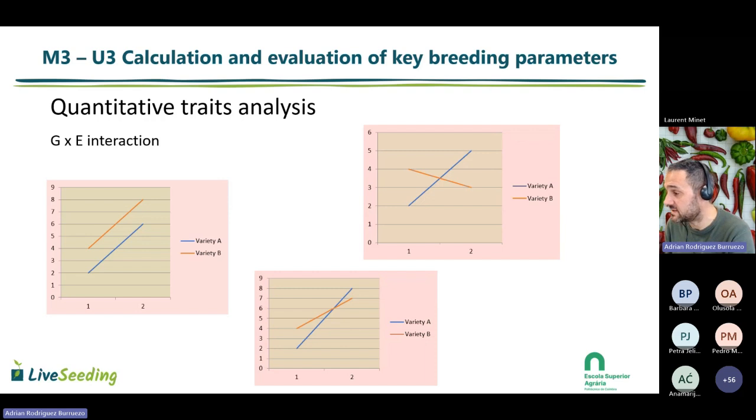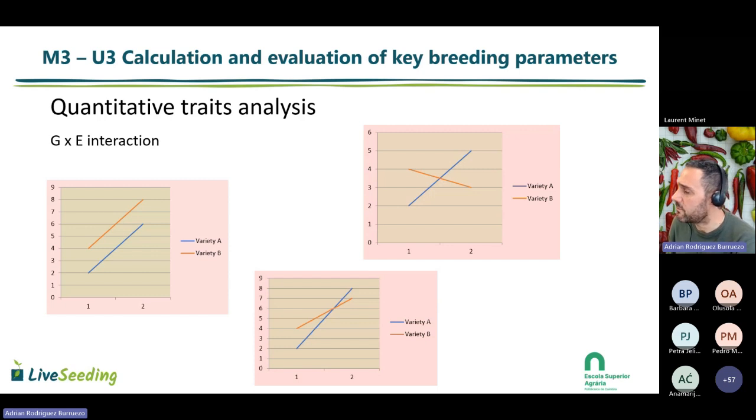The lines cross, and you can see that variety B is increasing, changing from environment 1 to environment 2, but the increase in variety A is still stronger. So this is a case of genotype by environment interaction in magnitude, not in trend.